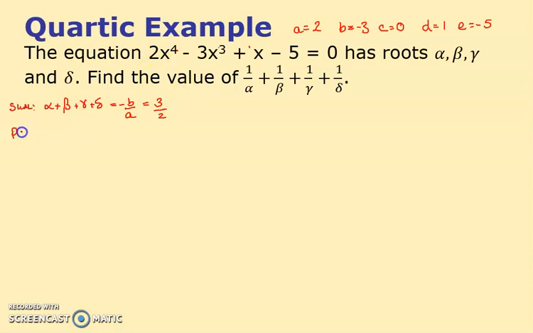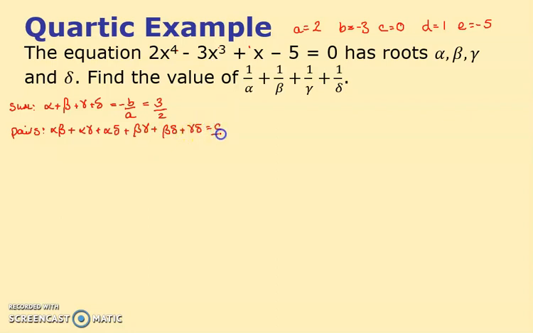Now remember the next one's called pairs. Now the pairs, I wouldn't recommend you write this, but this is what it is. It's what I wrote down just now. It's alpha beta, plus, now I did say we stick with the alpha, alpha gamma, plus alpha delta. So we do all the alphas, plus, now we switch to the betas, beta gamma plus beta delta. So we've done all of those. The last one is gamma delta.